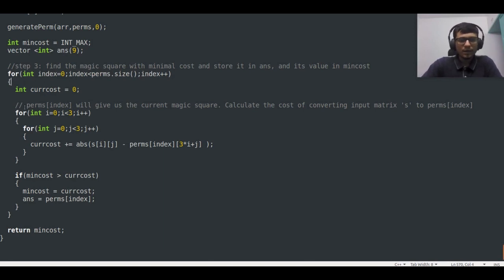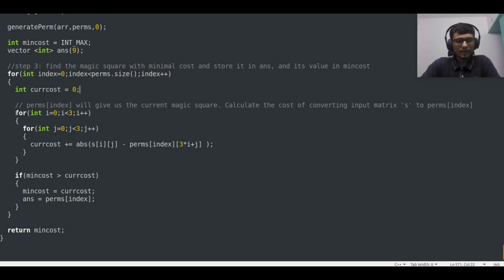Inside this for loop, we pick up the current 3x3 magic square which is stored inside perms of index, and we calculate the cost of converting the input matrix s into this perms of index, which is our current 3x3 magic square. For that we declare the integer variable currentCost, which is initialized to 0, and then we calculate the current cost of converting this input matrix s into perms of index.